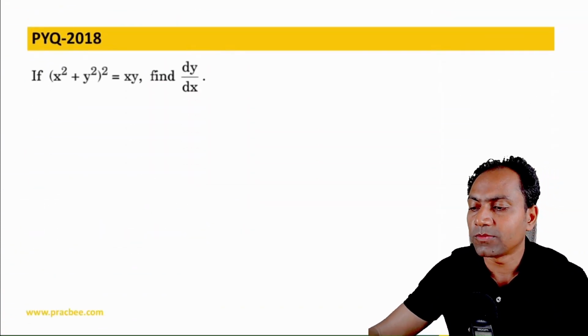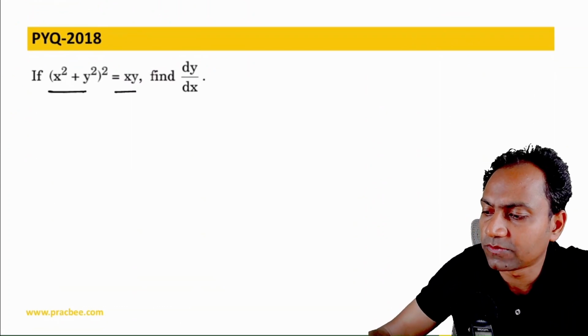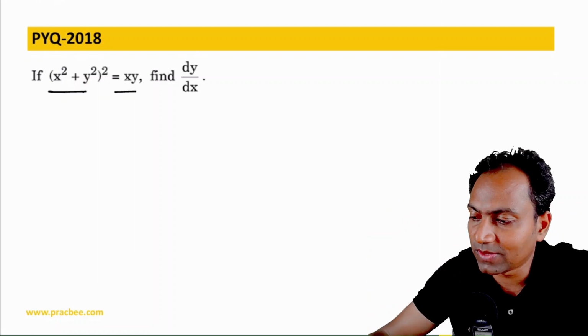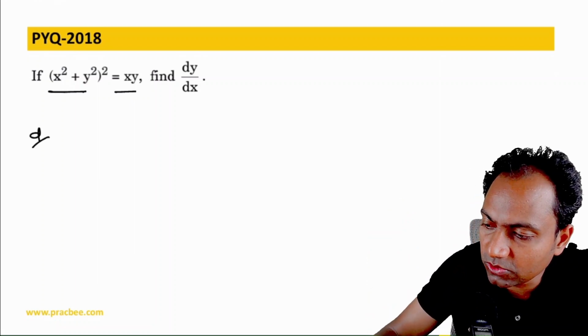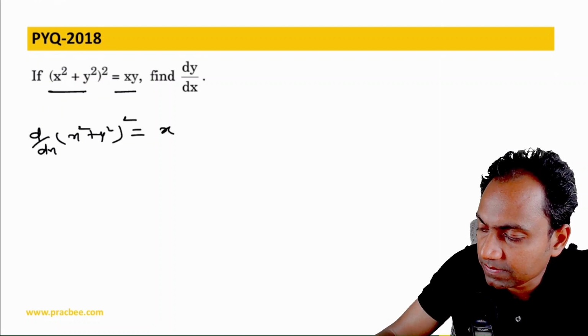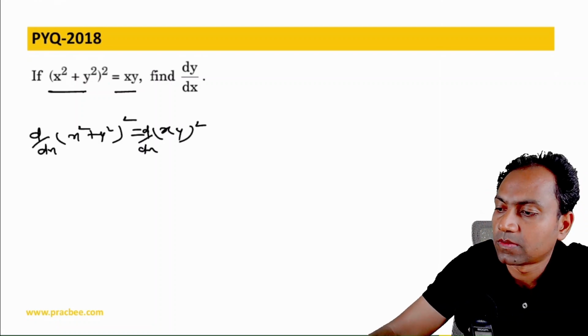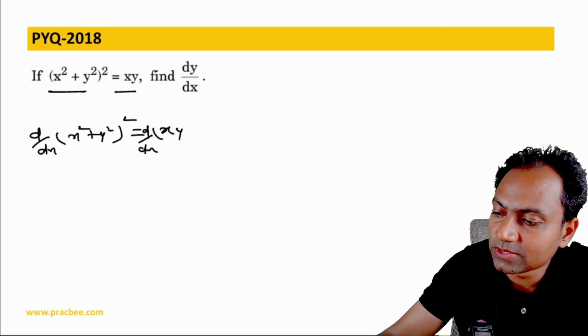Let us see one more question, of 2018. This question talks about, again, an implicit function where x and y are mixed on both the sides. Again, we can apply the same technique. So if I differentiate on both the sides, I should ideally get my answer. So once I've written it in this manner, I will differentiate.